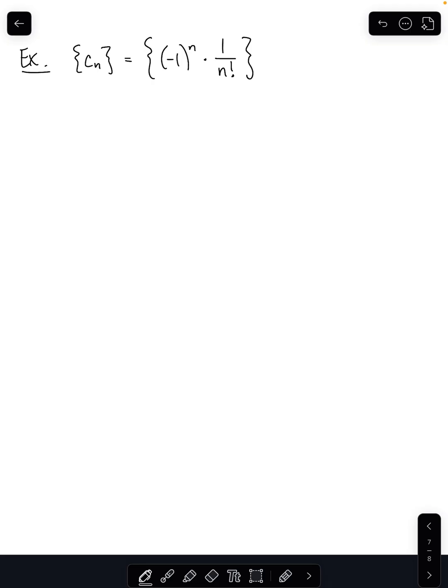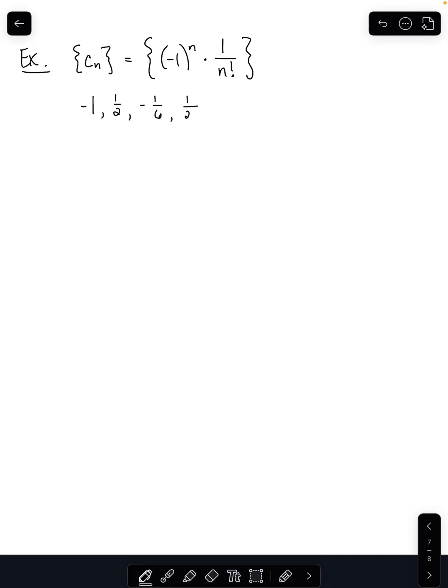In this case, to actually list out the terms of the sequence would make it perhaps a little bit difficult to work with, because when n is 1, we would end up with -1. But when n is 2, we would end up with +1/2. And then when n is 3, we would end up with -1/6.